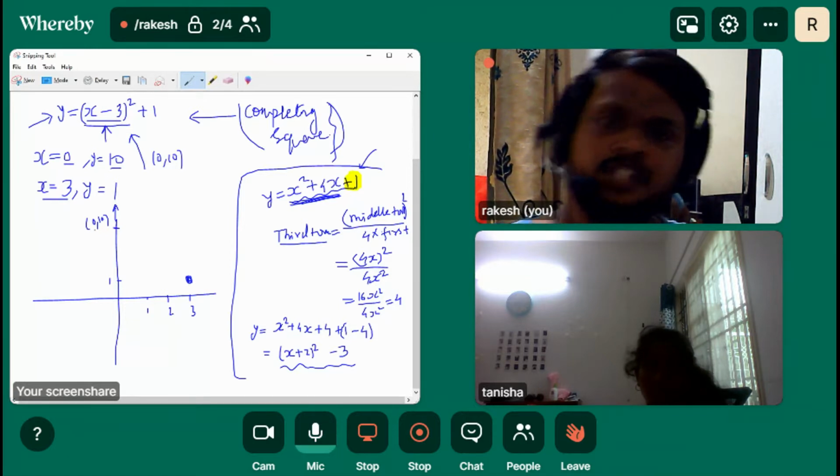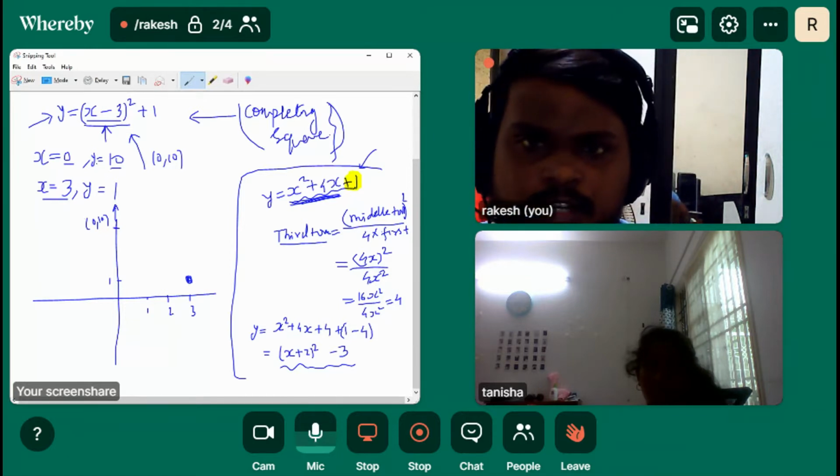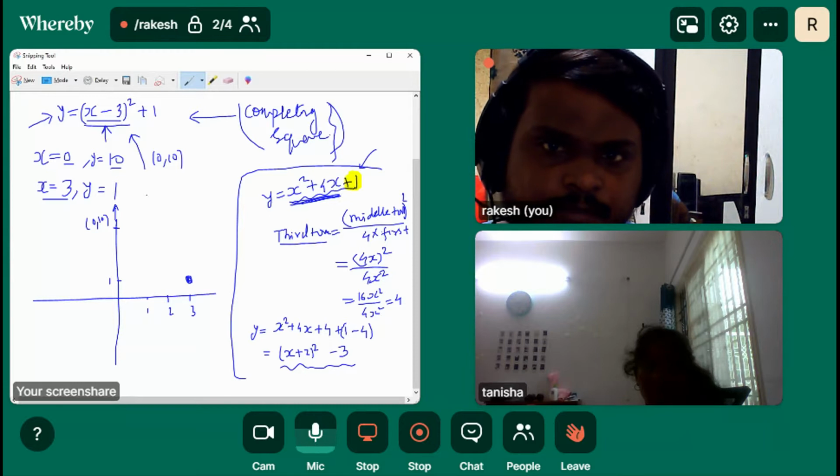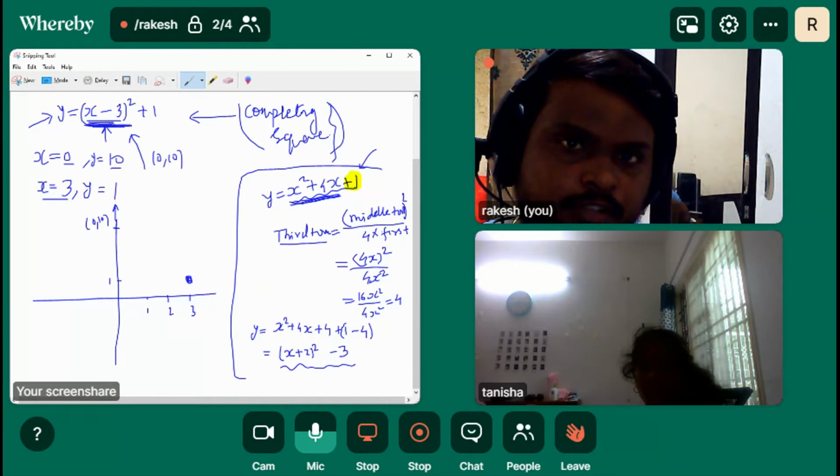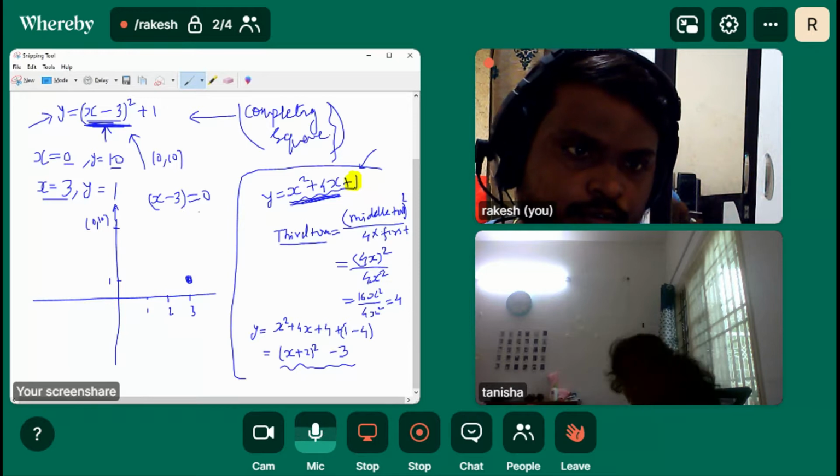So x is equal to 3 is your axis of symmetry, right? That is the minimum point, you can say. X is equal to 3 here is your minimum. We just set that x minus 3 is equal to 0. We set that bracket equal to 0, so that gives you x is equal to 3.